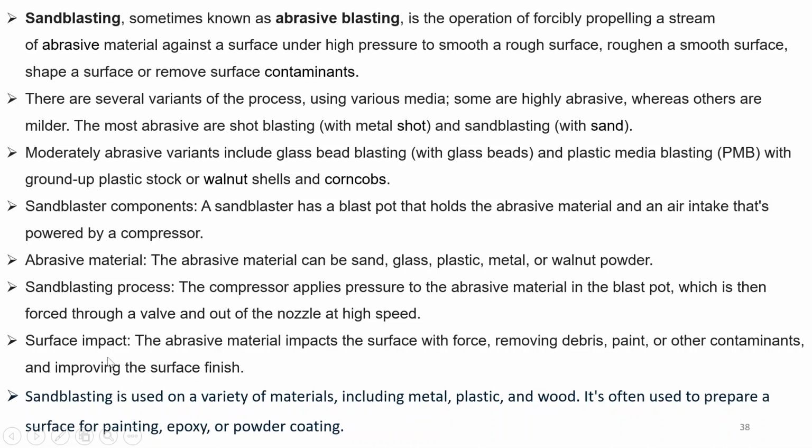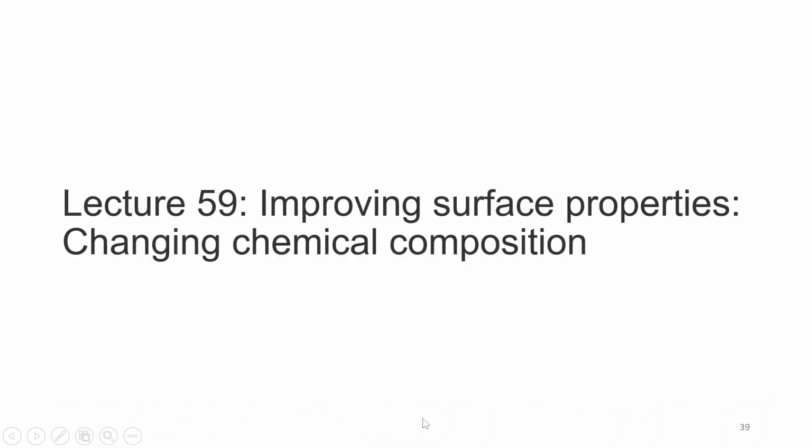On surface impact, the abrasive material impacts the surface with force, removing debris, paint and other contaminants, and improves the surface finish. Sandblasting is used on a variety of materials including metal, plastic and wood, and it's often used to prepare a surface for painting, epoxy or powder coating.